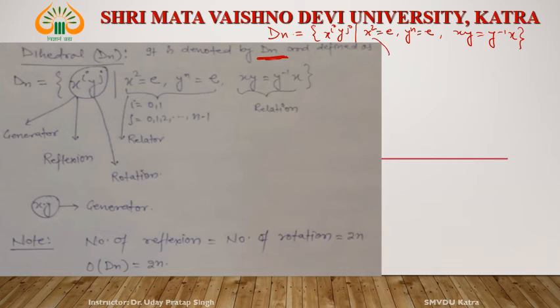Right? Here i varies from 0 to 1 and j varies from 0 to n minus 1. Right? This structure is known as dihedral.